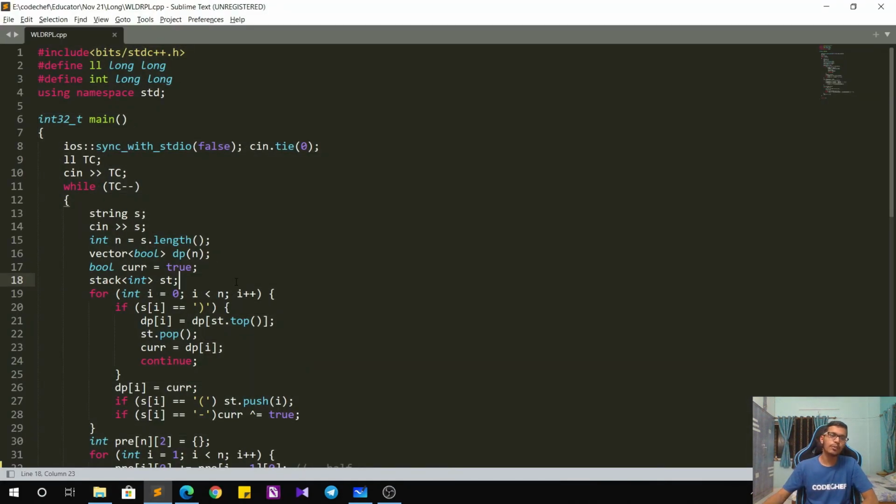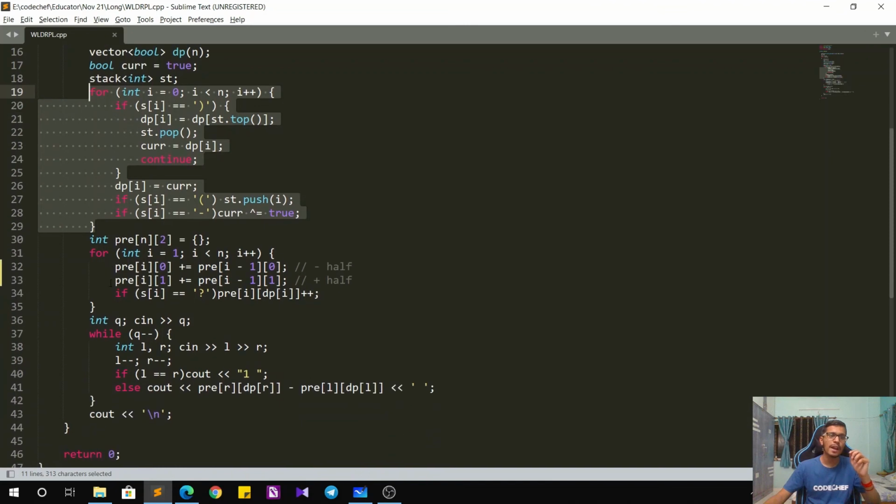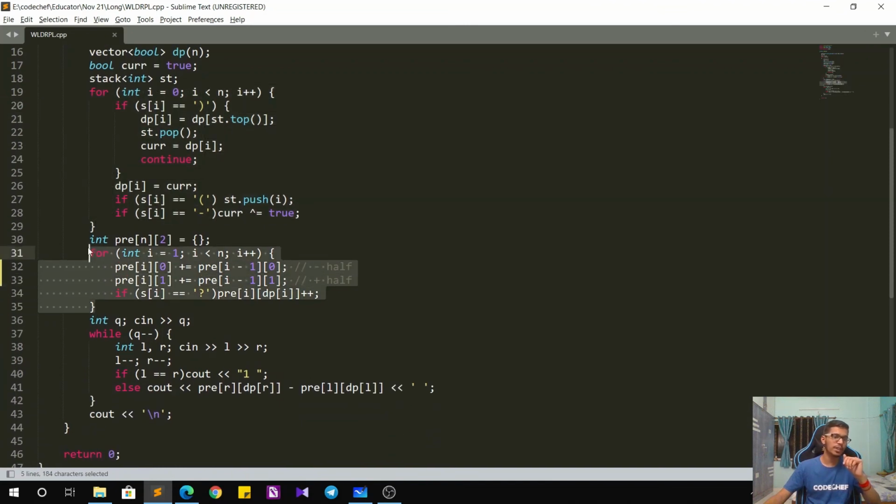The complexity for this implementation, if you have guessed rightly, is going to be order of n for the pre-processing, right? Because assuming there are n characters in the string, that is the string length is n, we are just iterating over the string twice. Once for calculating which half the current element belongs to, and another for calculating the prefix sums.